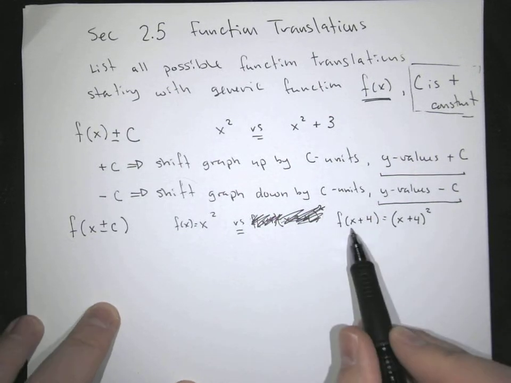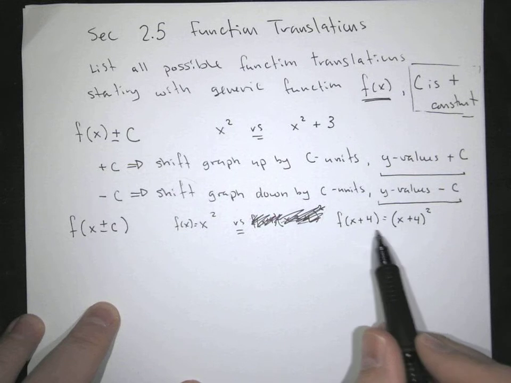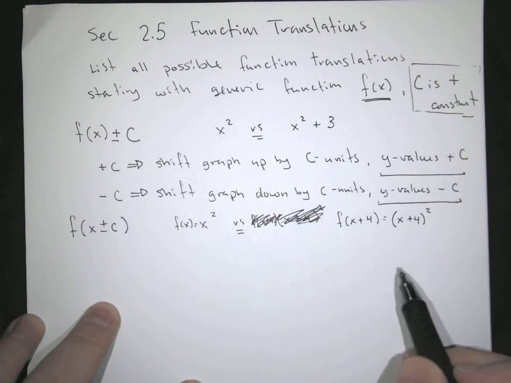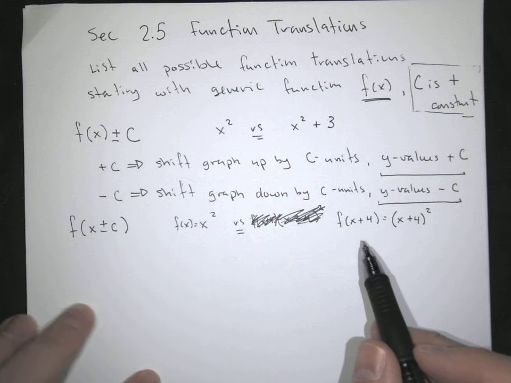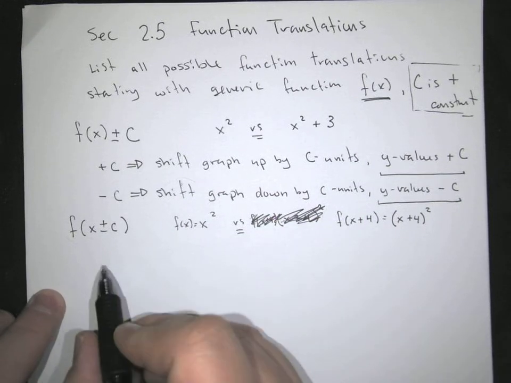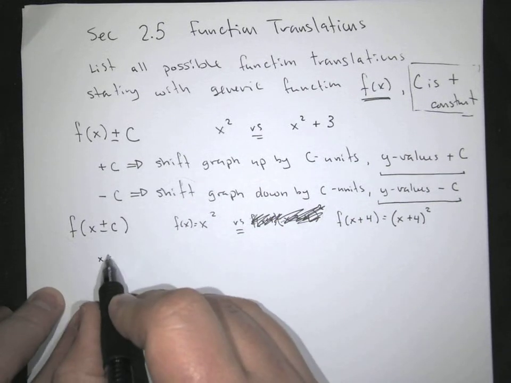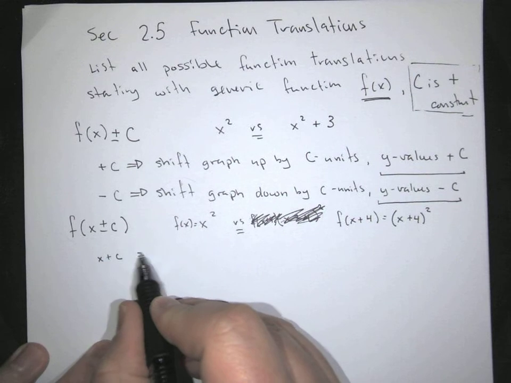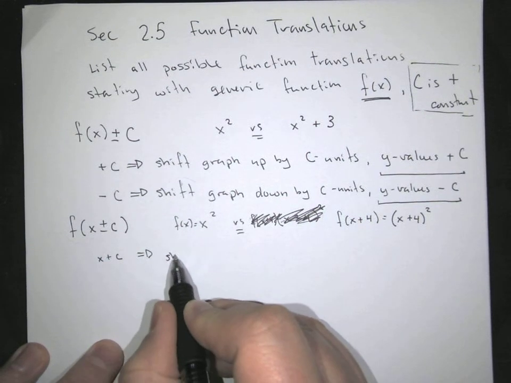So if I add within the parentheses, I'm getting this x plus 4 inside my parentheses, and I square the whole thing. So I'm changing the input values here. If I have x plus c, what's going to happen is I'm actually going to shift to the left by c units. This is maybe a little bit counterintuitive.